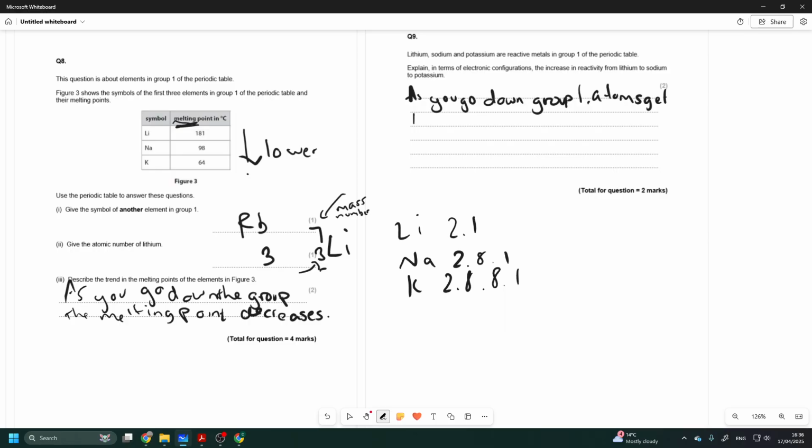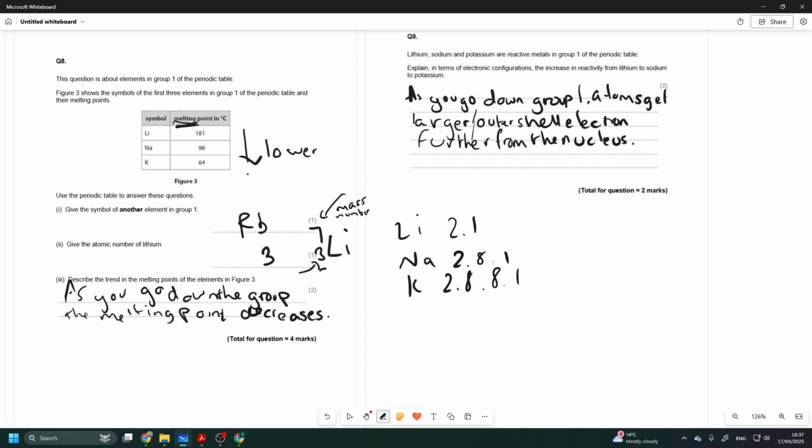They do, because there are more shells. More occupied electron shells, so they get larger. That means the outer shell electron is further from the nucleus. That's where it is.